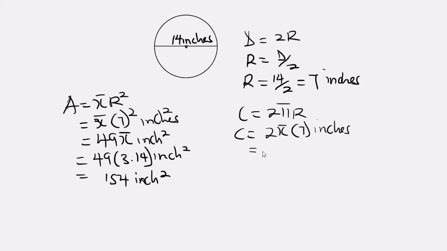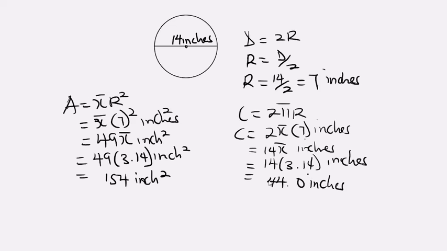So 2 times 7 is 14 times pi inches. The value of pi is 3.14. So we are going to have 3.14 inches. Now 14 times 3.14 inches gives us 44.0 inches.